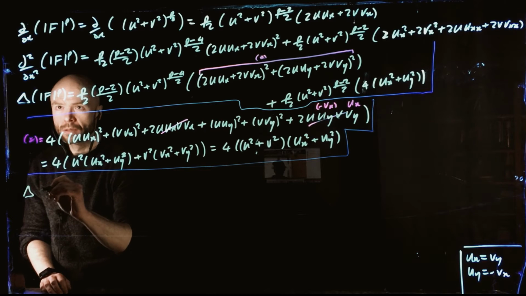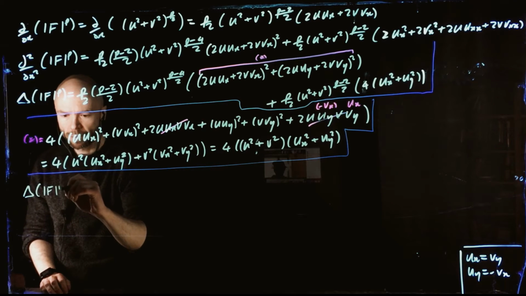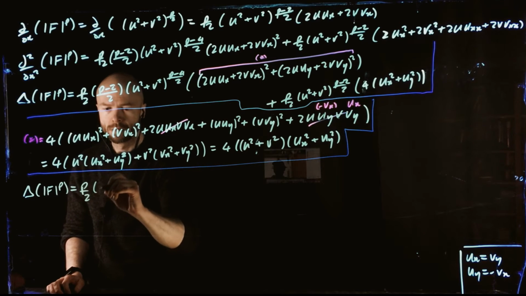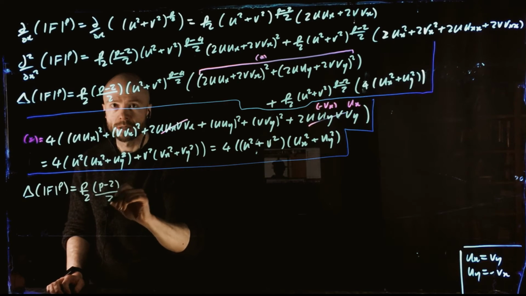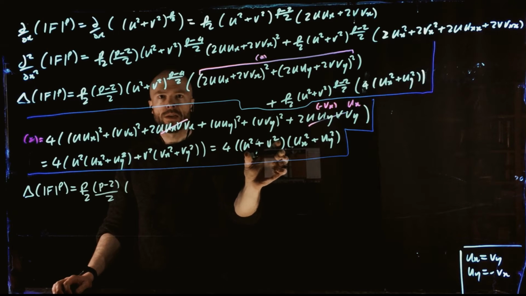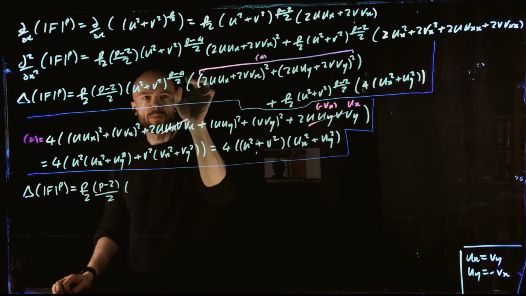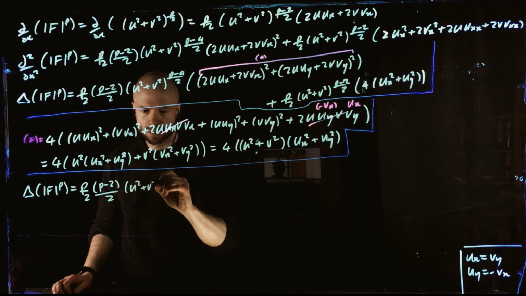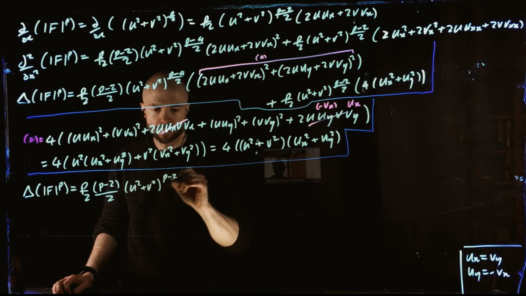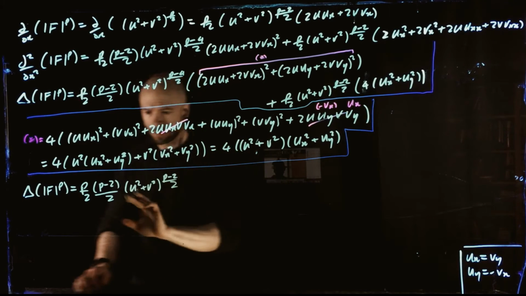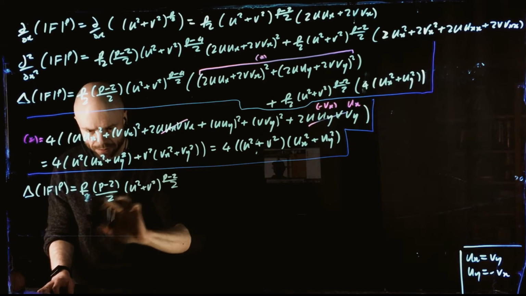So the Laplacian of f to the power p, like this, is now p over 2, like this. And we are going to get this guy right here, which will contribute a power of 1 to this. So this guy here now becomes p minus 2 over 2. Right? And, oh, we have a 4. The 4 will kill this half and the other half.